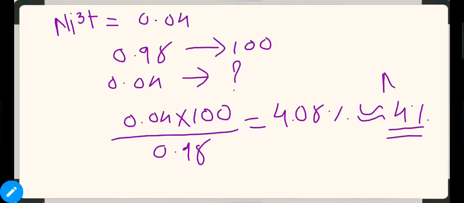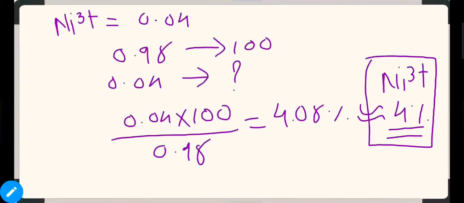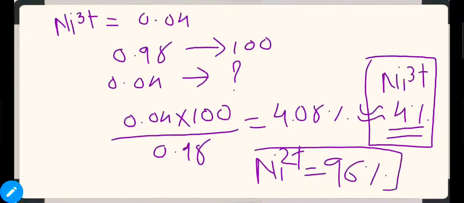So the percentage of Ni3+ is 4%. So obviously the percentage of Ni2+ will be 96%. These are the percentages of Ni3+ and Ni2+ in the given example.